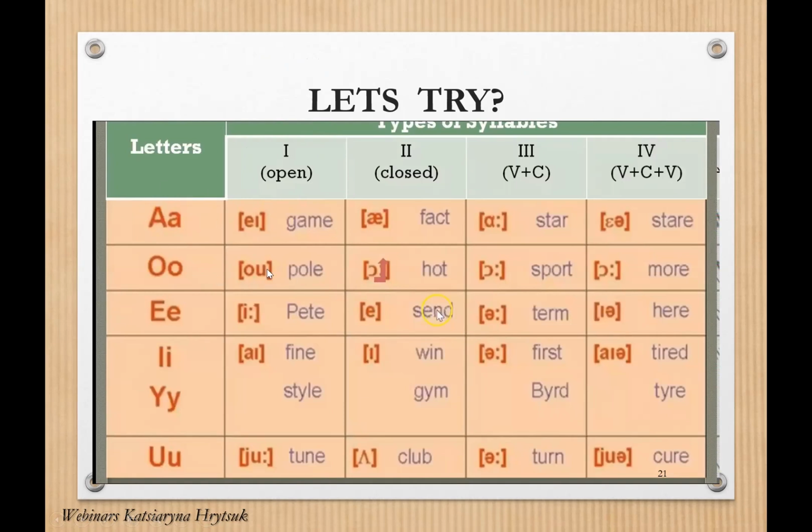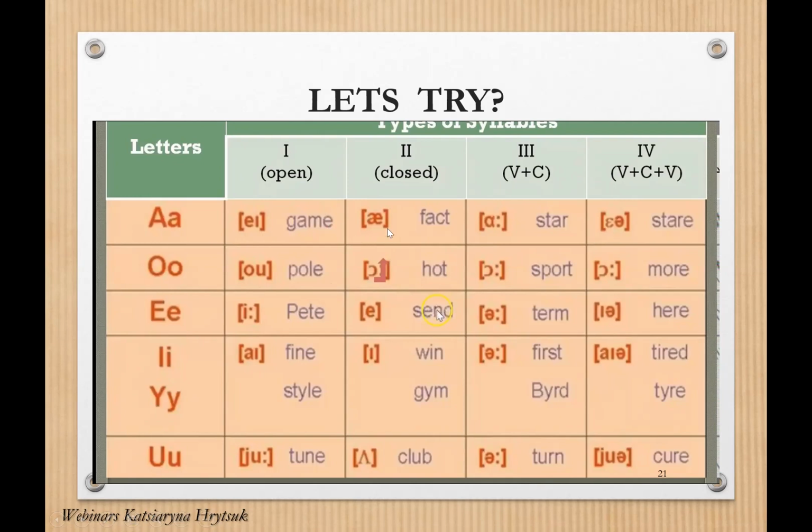Game, pole, letter O, we read O, open syllable. Letter E, we read E, open syllable. Letter I, we read I. Here are some exceptions. Letter U, we read U in an open syllable. Okay, so letter A, game, open syllable, closed. Letter A, but sound A.